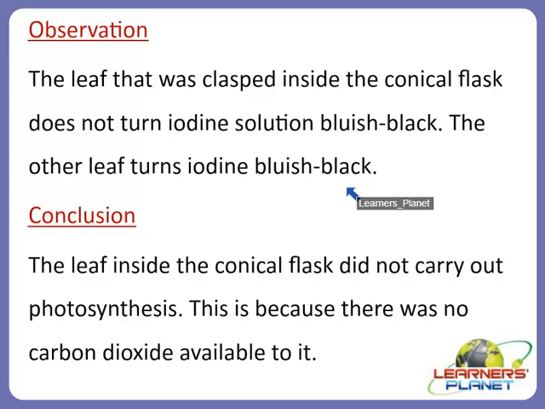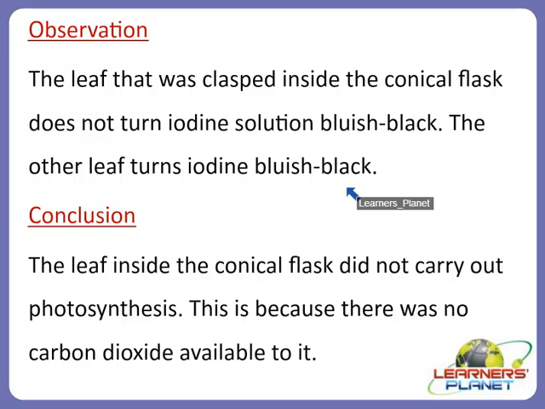The plant will absorb carbon dioxide of the air. So it is getting carbon dioxide, it is getting water, but it is not getting sunlight. And you know that sunlight is also very much important. Then we placed one of the leaves inside the flask, and then we corked it. And then we kept the entire arrangement out in the sunlight. And now it is getting the sunlight. So what happened?